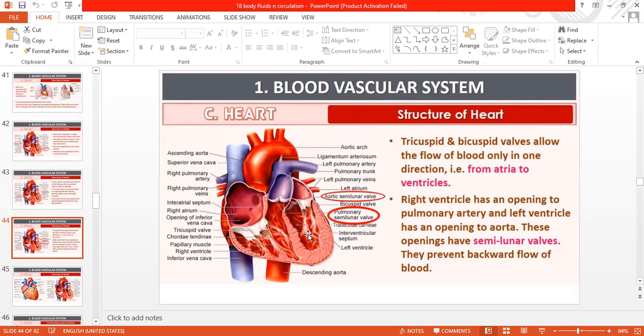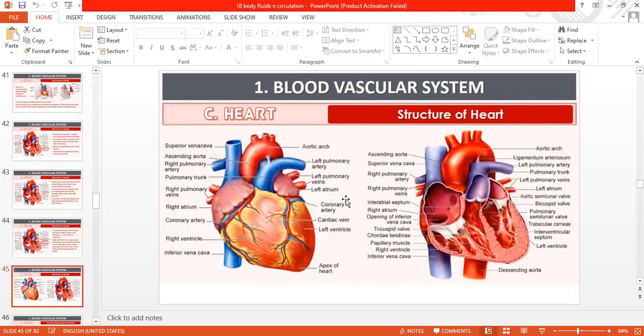Whereas the left ventricle opens into the aorta, and that opening is guarded by the aortic semilunar valve. So you can see over here the structure of the heart. This is the internal structure of the heart and this is the external structure of the heart. You can see this is the external structure shown and here the internal.